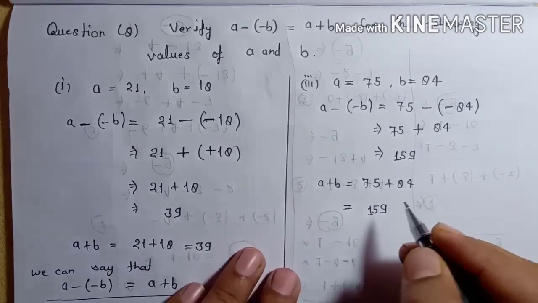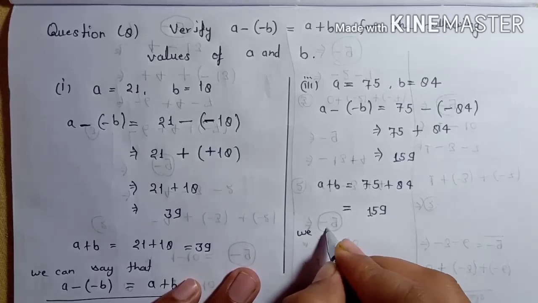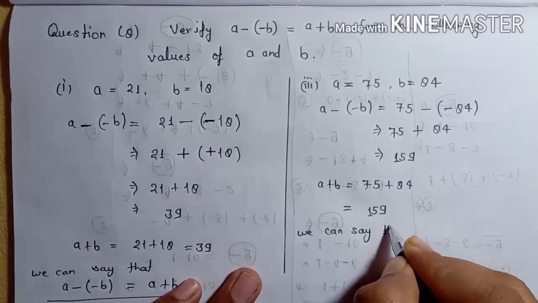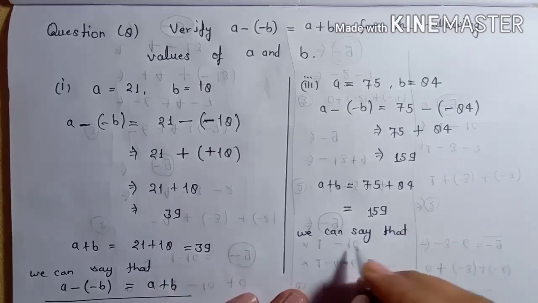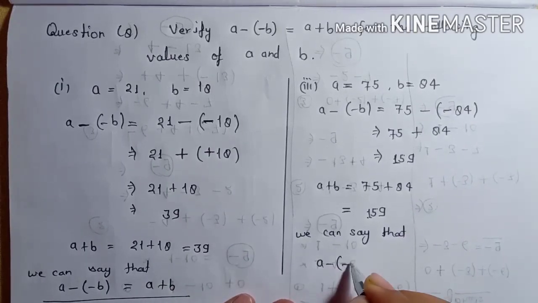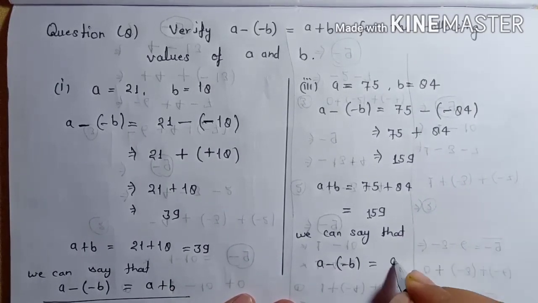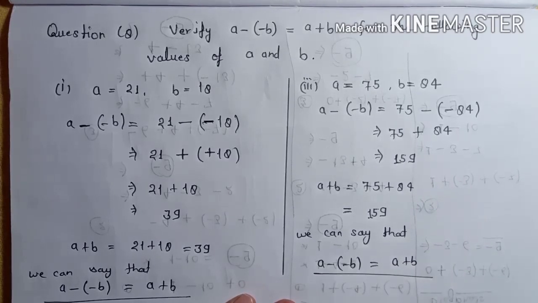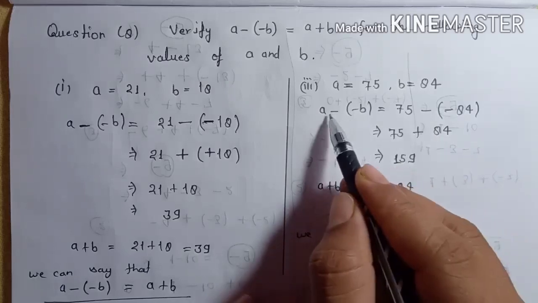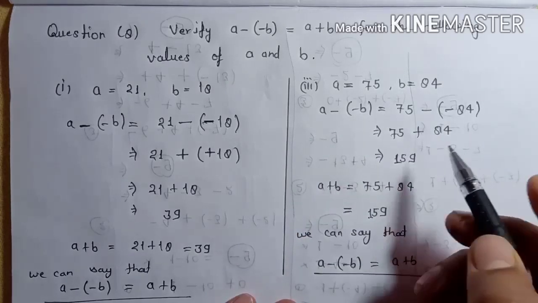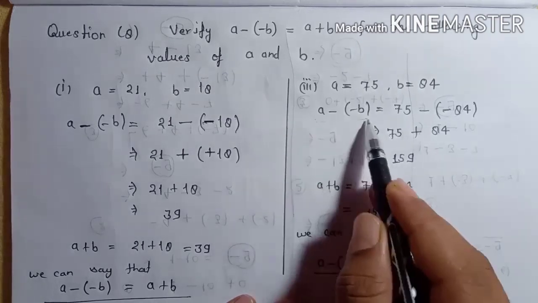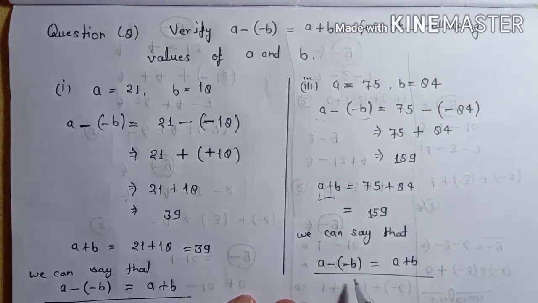So a minus minus b is equal to a plus b, and this statement is now proved. Both are equal to 159.